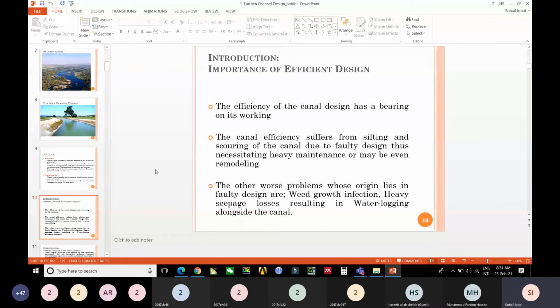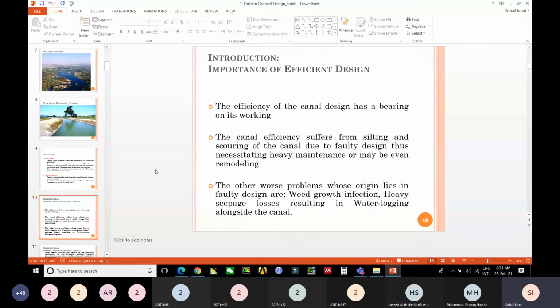The weeds are a negative point because they will infect our structure. It causes instability of the line of that structure, either the canal or any other structure.